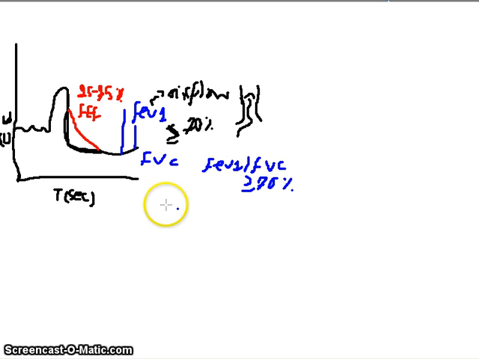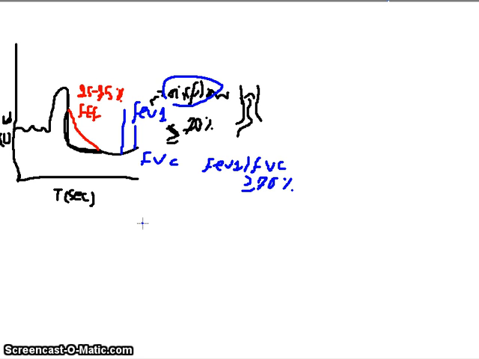The thing about restriction, on the other hand: obstruction is just simply something that does not allow airflow to just pass by, like we said here. As for restriction, the respiration is not reaching its maximum capacity.